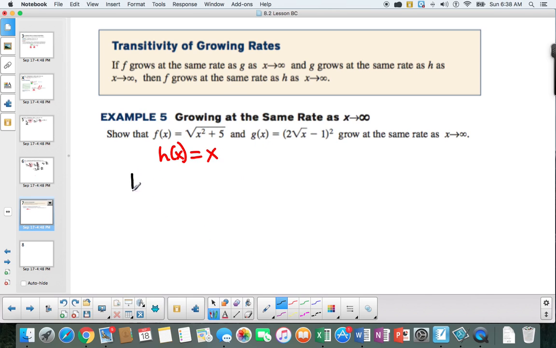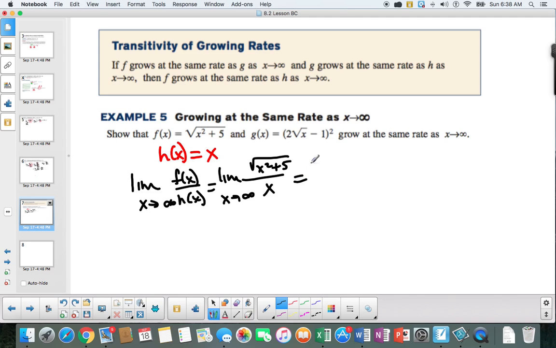All right, so let's go ahead and take a look at the limit as x approaches infinity of f of x over h of x, and that's going to be the limit as x approaches infinity of root x squared plus 5 all over x.